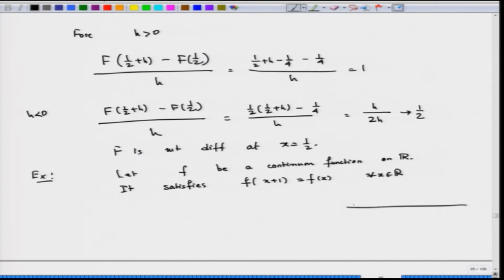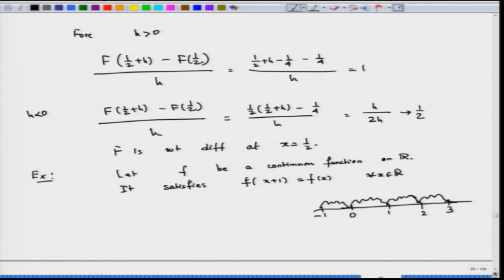This is actually 1-periodic. So, this is 0, 1, this is 2, this is 3. Now, in 0 to 1, suppose our f is looking like this, then on 1 to 2 the f will also look like this, exactly the same copy. Even on minus 1 to 0, this is the same copy.